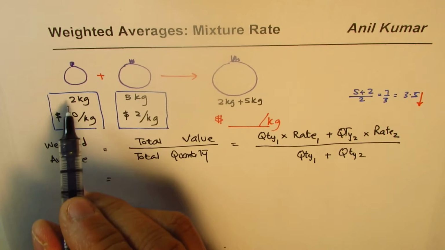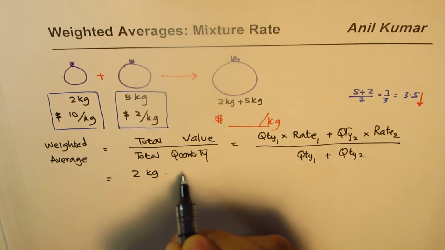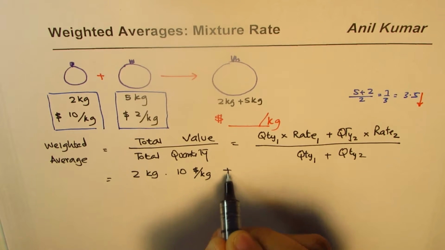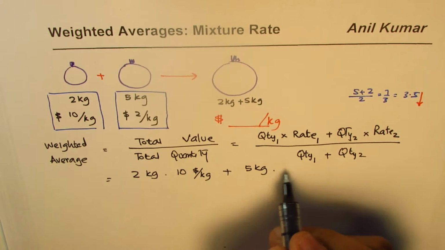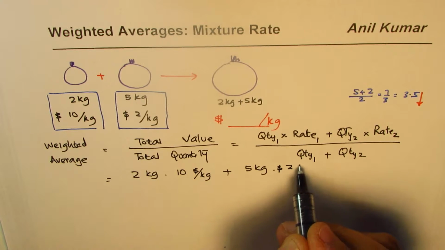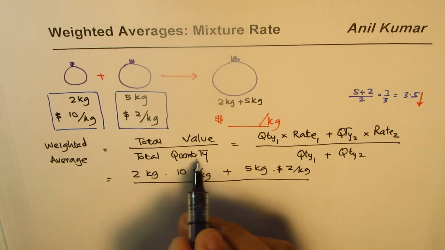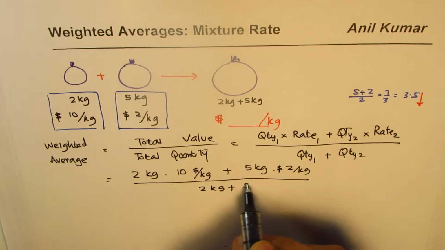So in this case, it is 2 kg times dollars per kg, 10, plus 5 kg times 2, divided by total quantity, which is 2 kg plus 5 kg.